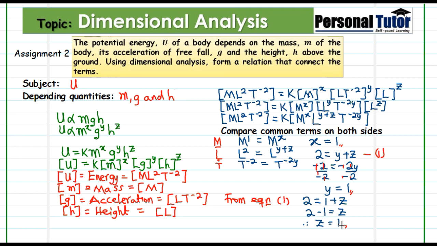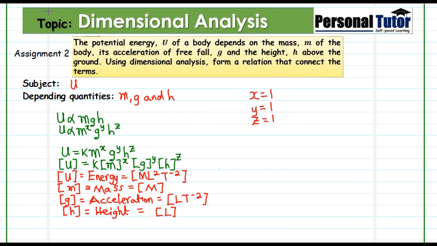Now we have been able to find the value of S to be equal to 1, Y to be equal to 1, then Z also to be equal to 1. With that in mind, let's then form the relation that connects the terms.